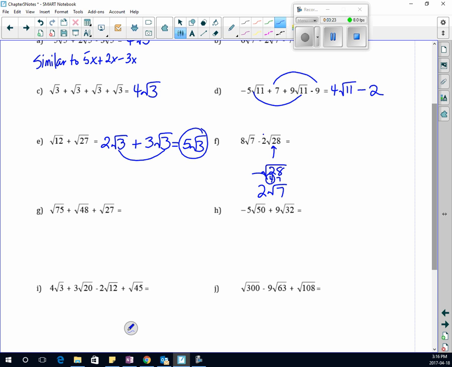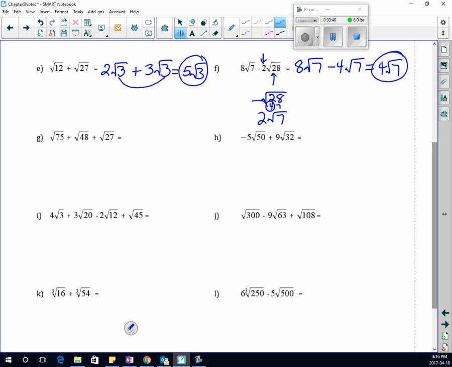However, there's already a 2 already there. So what happens to it? Well, when the 2 comes out, it gets multiplied by the number that's already there. So then we become 4. So we get 8 root 7 minus 4 root 7 gives you 4 root 7.